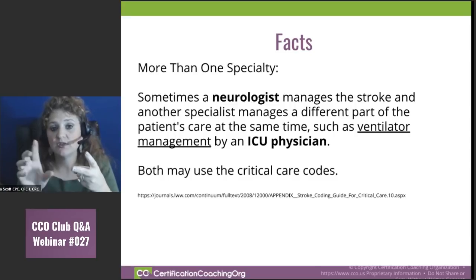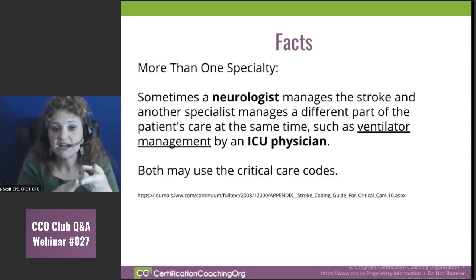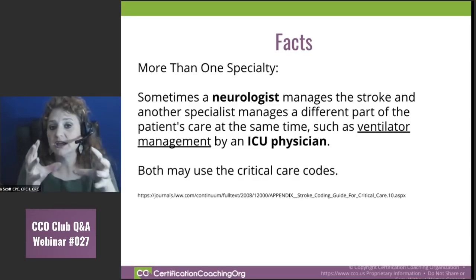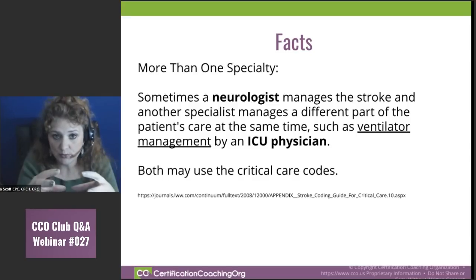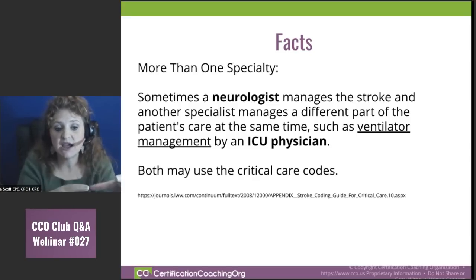Say the ICU physician is taking care of the component where the patient has been intubated because they can't breathe on their own because of the stroke, is the example that they gave.